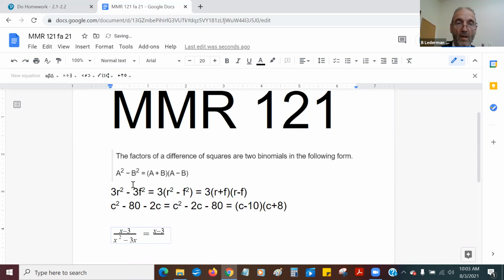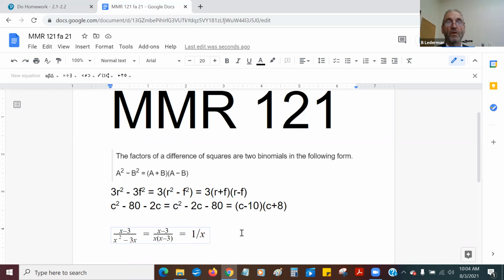On the bottom, I'm going to factor out the x. It's going to be x times x minus 3. And if you notice, the x minus 3 is going to cancel. So I'm just going to have 1 over x. That's really going to be my final answer.